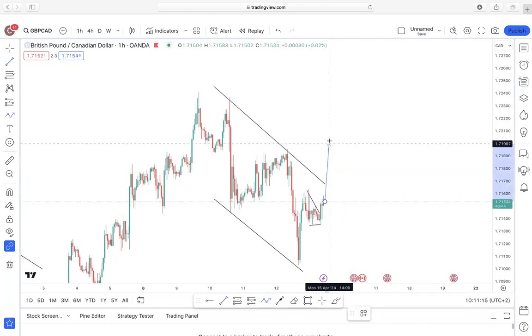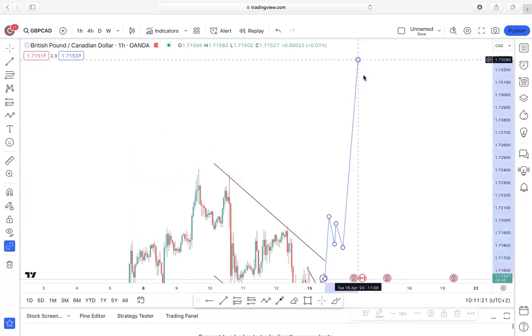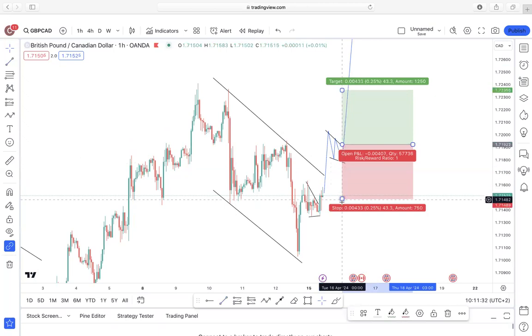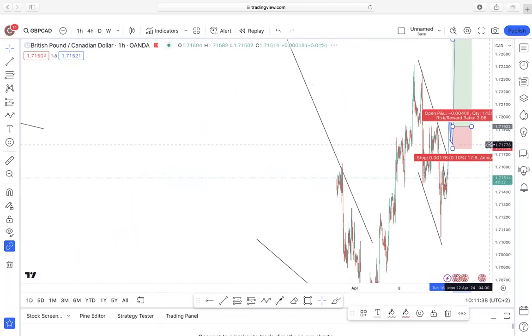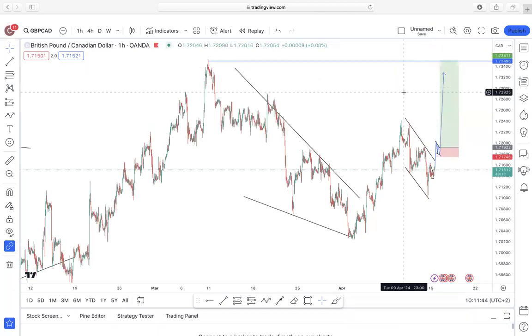So we'll have to wait for another one somewhere around the breakout that we can use to execute our buys all the way to the upside, like so. So this is how we are looking at GBP CAD.